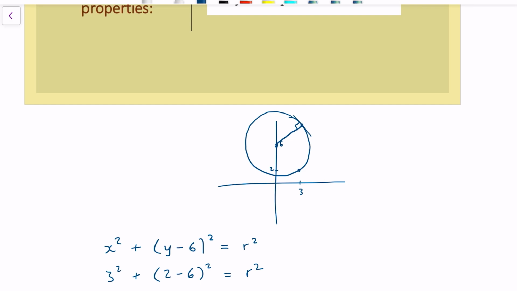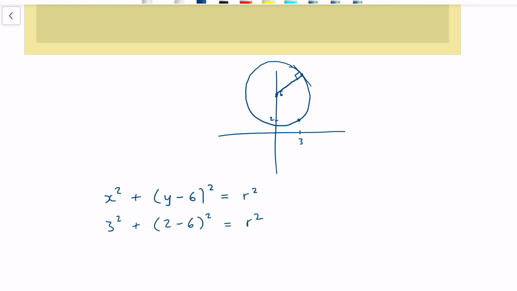That's 9 plus 16, so r squared must be 25. So the equation of the circle has r squared equals 25.